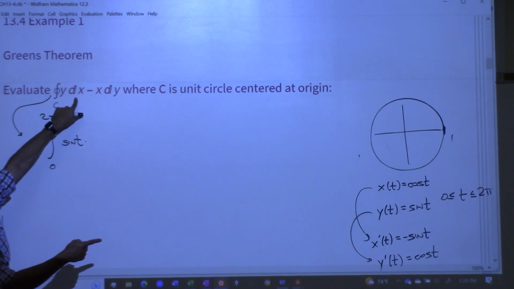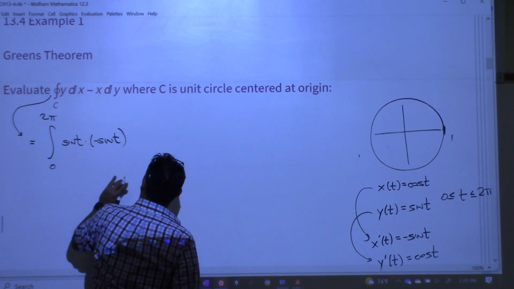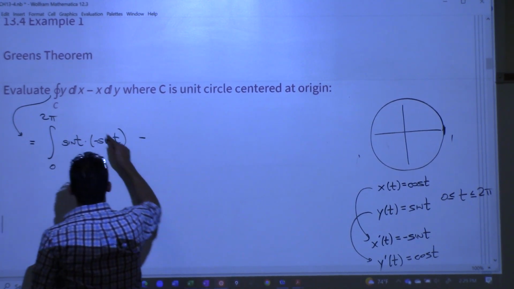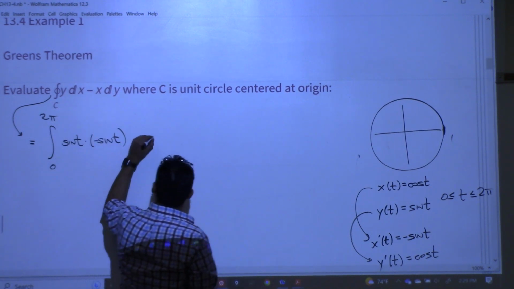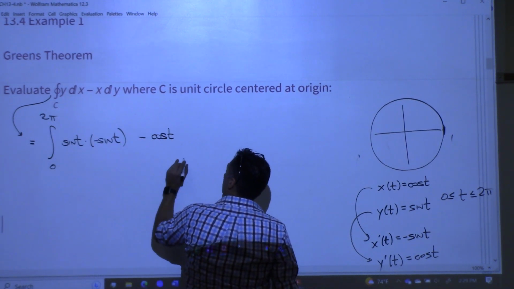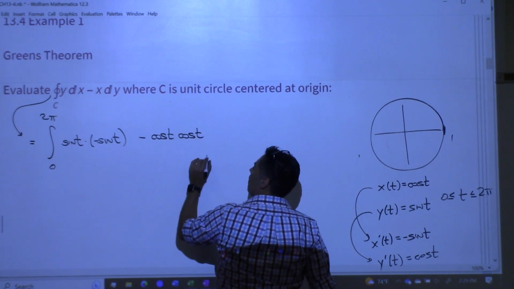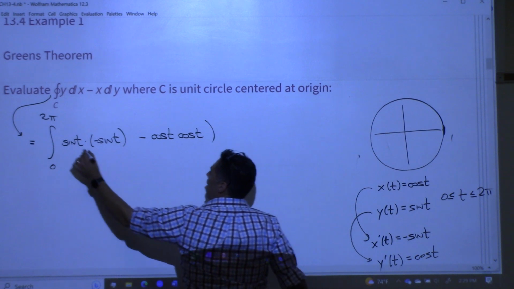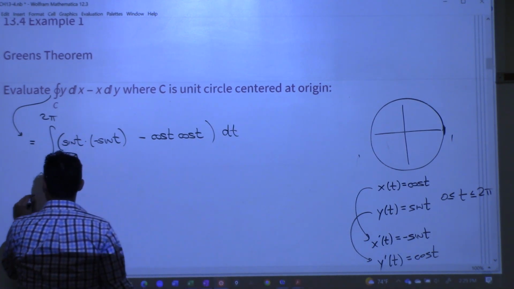Careful, negative sine t. And then I'm going to do minus, and now I'm going to do this one. What's x? Cosine t. And then what's dy? Cosine t. All of that, dt.